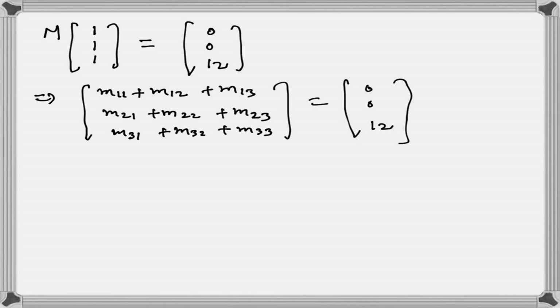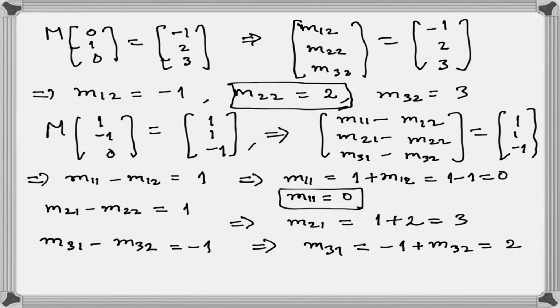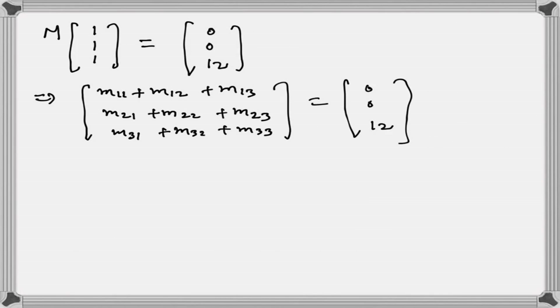From the previous slide, I know the values of M31 and M32. M31 is 2, M32 is 3. Let's take the third equation: M31 plus M32 plus M33 is equal to 12.